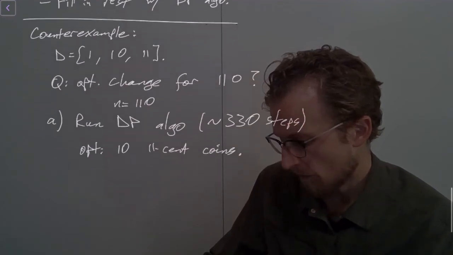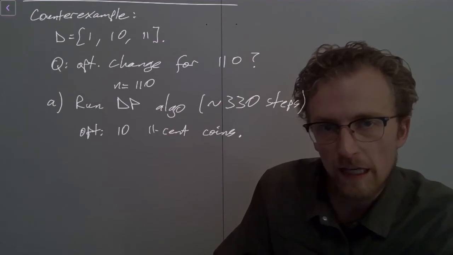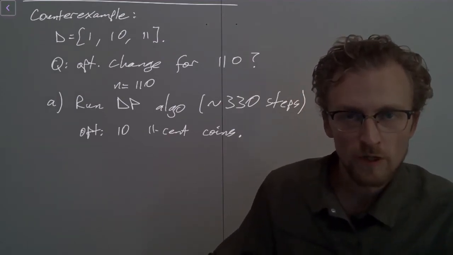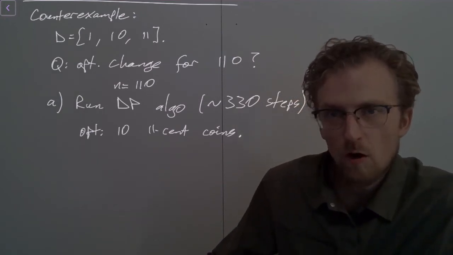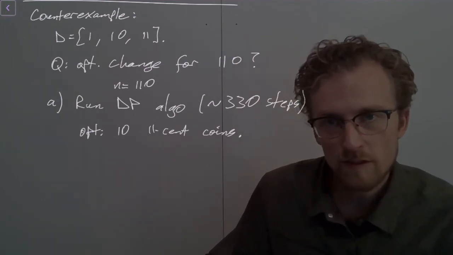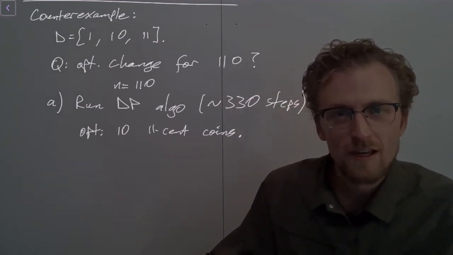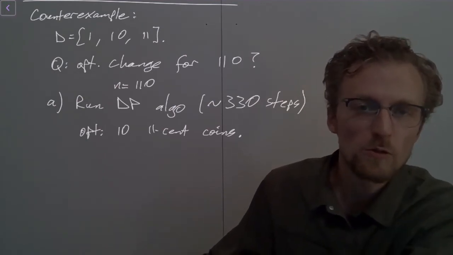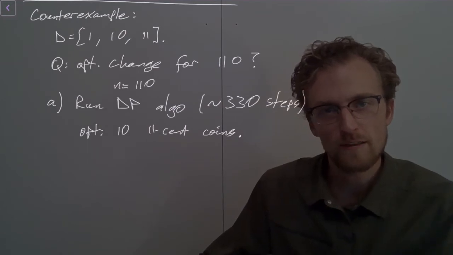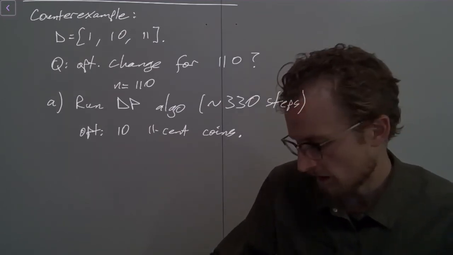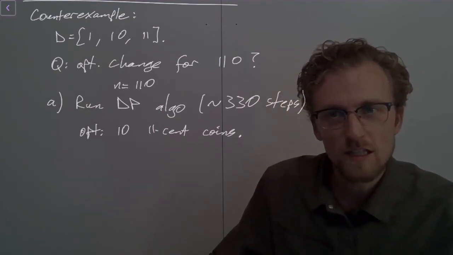Okay, and so what we see is, we have this large N, and this feels like it confirms our intuition that the pseudo-greedy is a good idea, because what we could have done is just said, oh, N is large, now let's put down a bunch of 11s, and the first 8 or 9 11s would have been really fast, and then we could have used the DP algorithm to find optimal change and sort of verify optimal change for the last 20 cents or something like that. In this case, it'd be the last 22 cents. And so it feels like that tells us that, okay, this is looking pretty good.